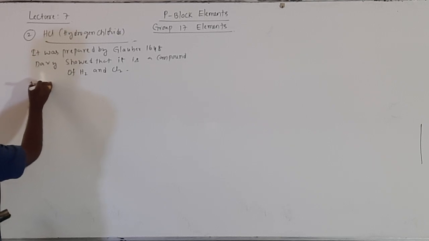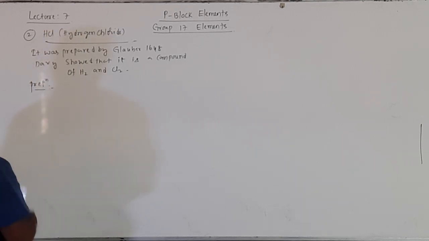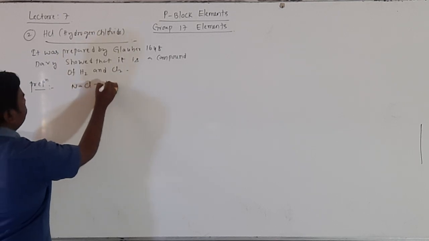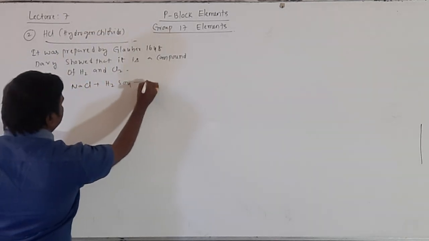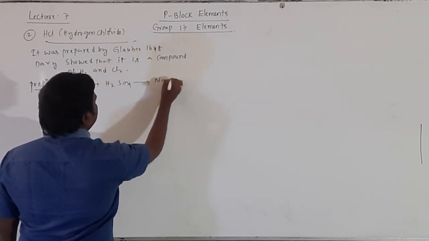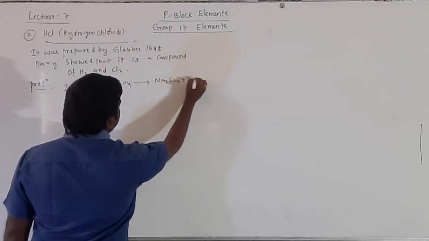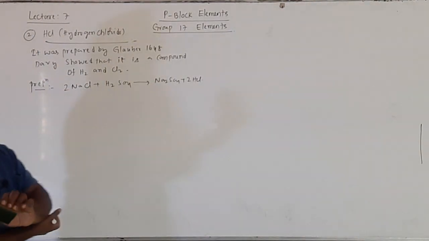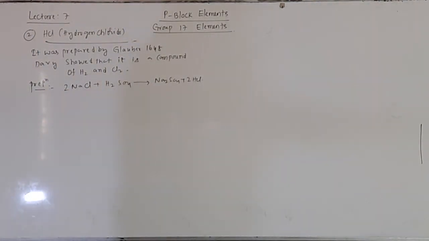So, preparation. How to prepare this? The first method is NaCl with H2SO4 gives rise to Na2SO4 plus 2HCl. 2 moles of hydrogen chloride will be formed, right?